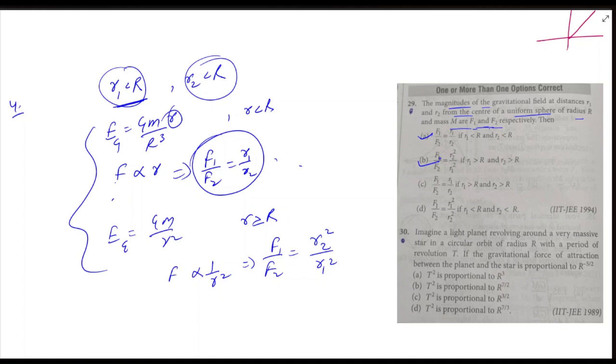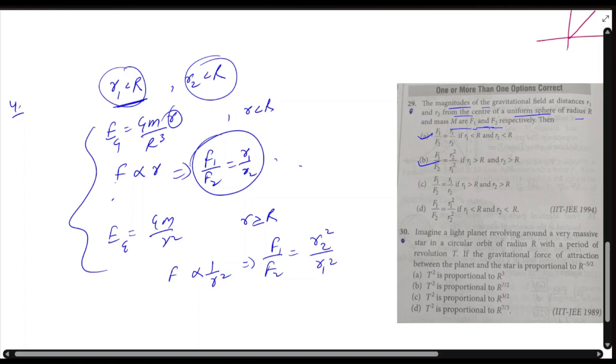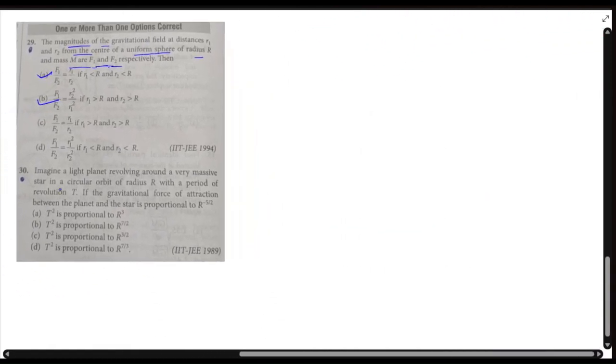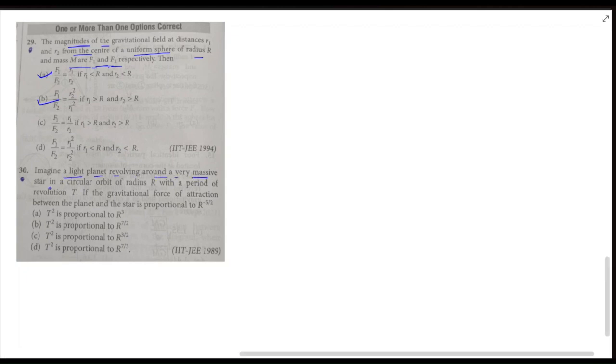Let's move on to the next question we have. Imagine a light planet revolving around a very massive star in a circular orbit of radius r. So we have a star here, and this is the planet revolving.